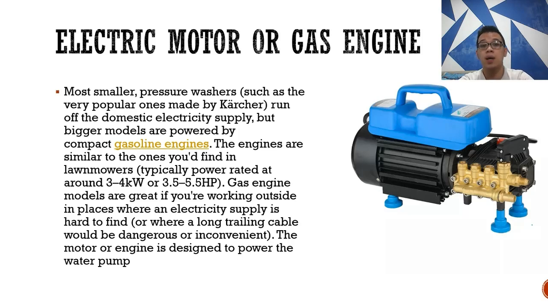Typically, the power of the gasoline engines is rated at around 3 to 4 kilowatts or 3.5 to 5.5 horsepower. Gas engine models are great if you are working outside in a place where an electricity supply is hard to find, or where a long trailing cable would be dangerous or inconvenient. The motor or engine is designed to power the water pump.